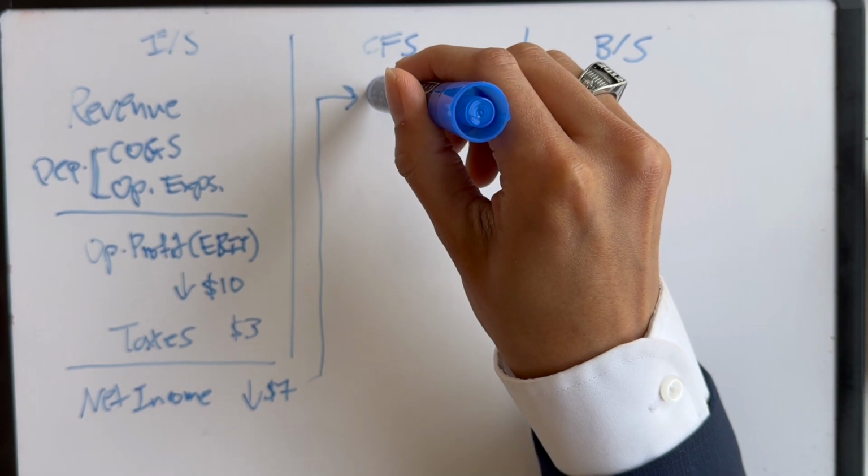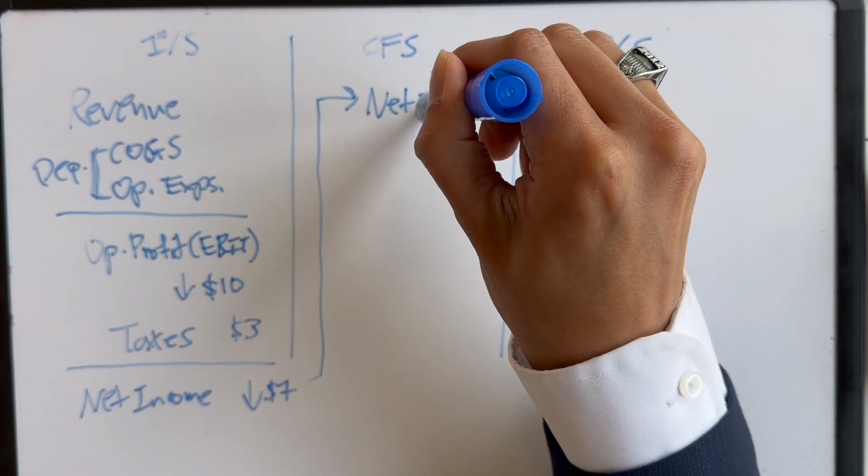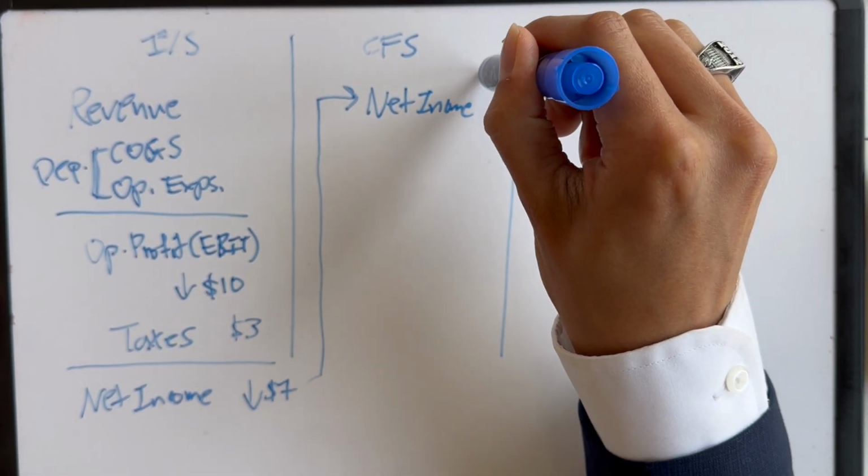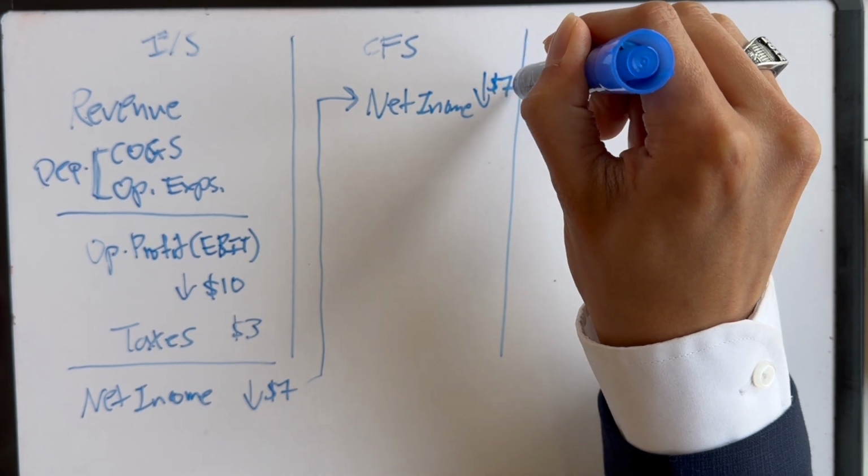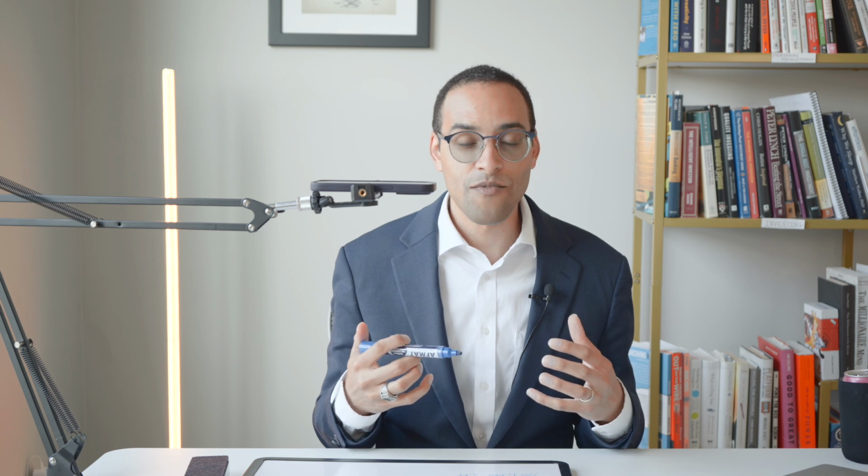So net income goes to the top of your cash flow statement, and we know that this is down by $7. Another key thing related to the cash flow statement when it comes to your non-cash expenses: whatever happens on the income statement that's not a cash expense, you have to then adjust for it on the cash flow statement.